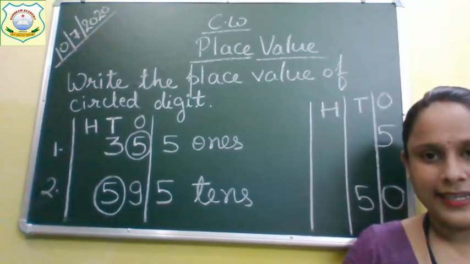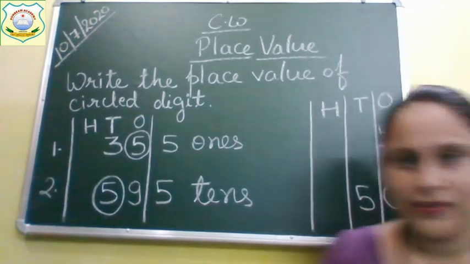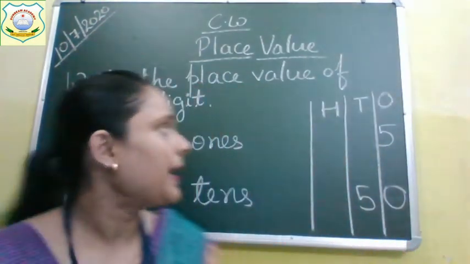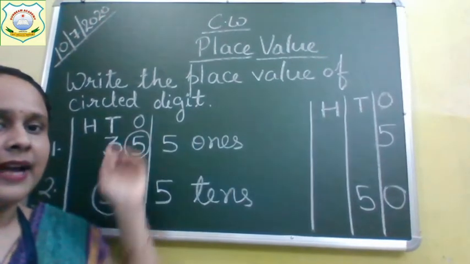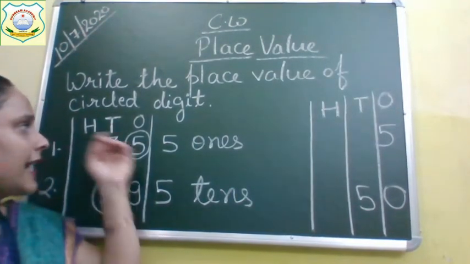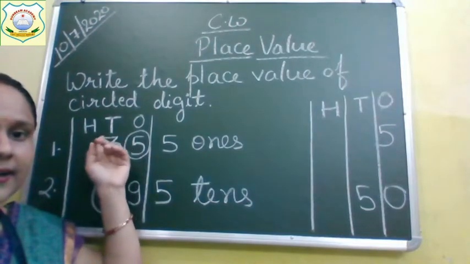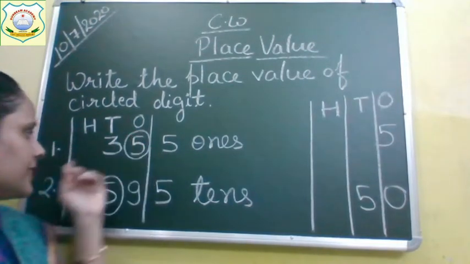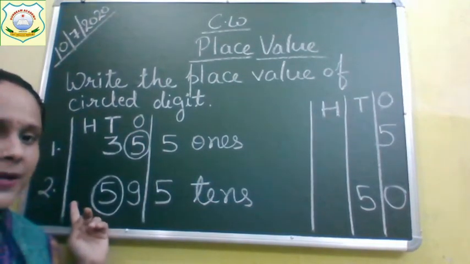First you will write the date, then you will write class work, then write the topic, place value. Write the place value of the circle digit, write the places: hundreds, tens, ones, give number, serial number 1 to.